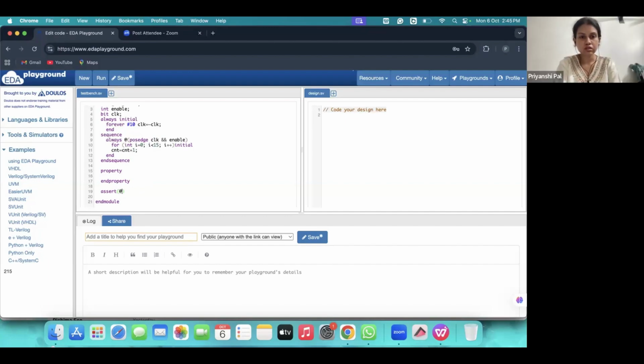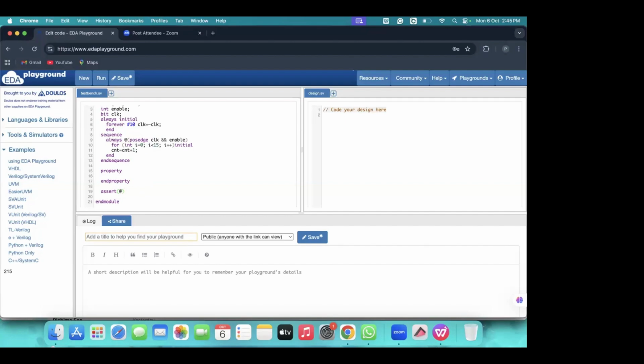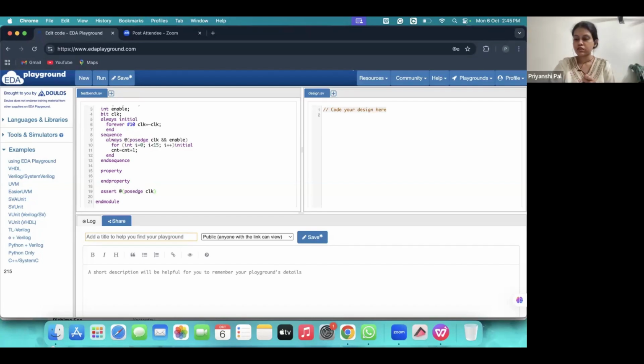After that you can write disable iff, and in brackets not enable. I was familiar with disable iff, but I haven't used it.